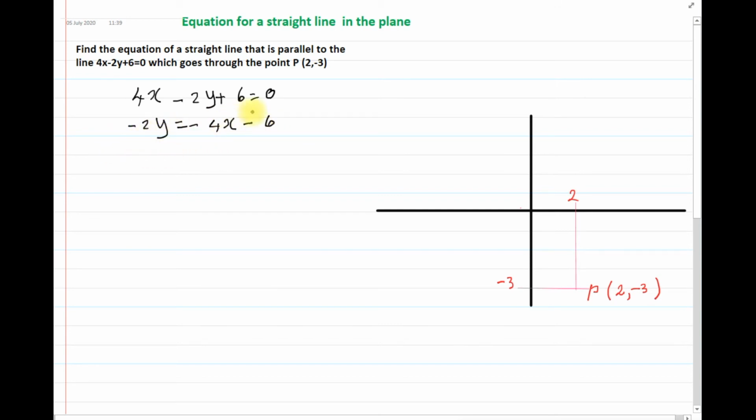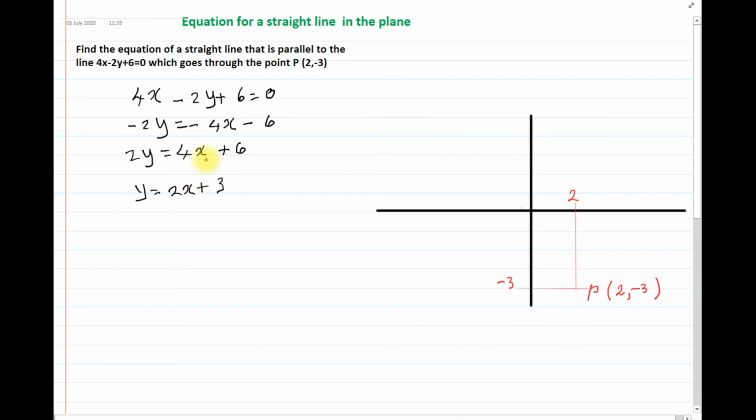So we have all these minus signs. We can cancel them by multiplying both sides by minus 1. I get 2y is equal to 4x plus 6. And if I divide by 2, I'll get y is equal to 2x plus 3. So the gradient of my line is 2, and the intercept is 3, somewhere up here.